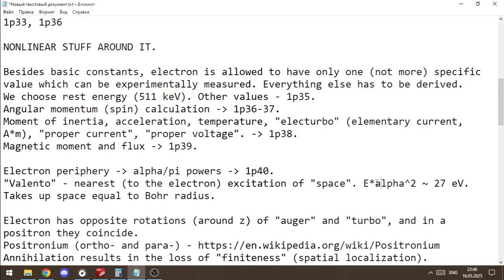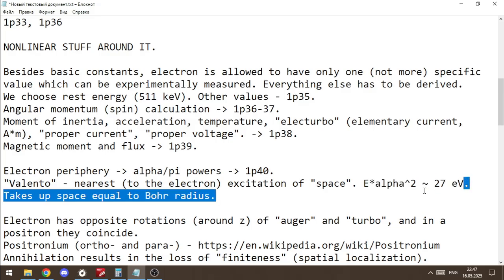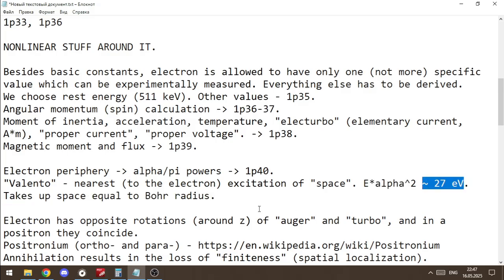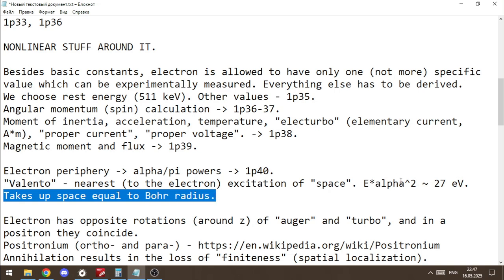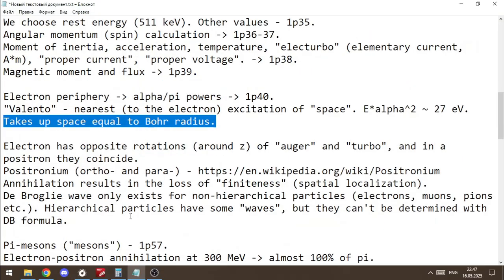This nonlinear interaction you can reduce to a series in the powers of alpha over pi. The next to leading order would be alpha squared, and that corresponds to an energy of about 27 eV. And the size of this thing, if you calculate it, is equal to the Bohr radius.